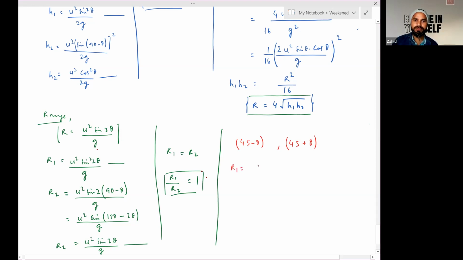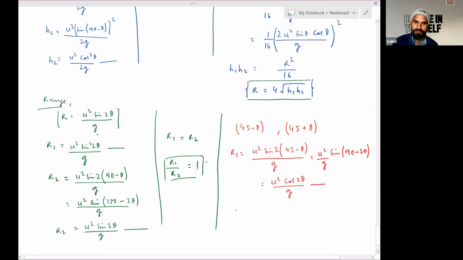R1 is equal to u squared sine of 2 times (45 minus theta) divided by gravity. If you multiply it, you will get u squared divided by gravity times sine (90 minus 2 theta). Sine (90 minus 2 theta) is just cos 2 theta. So you will get u squared cos 2 theta divided by gravity as the first part.